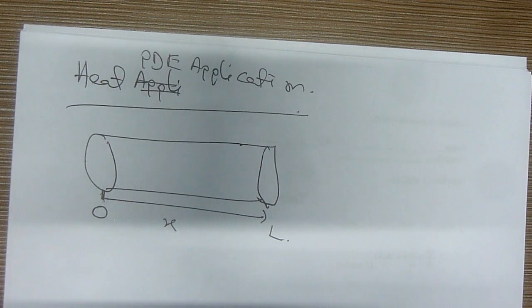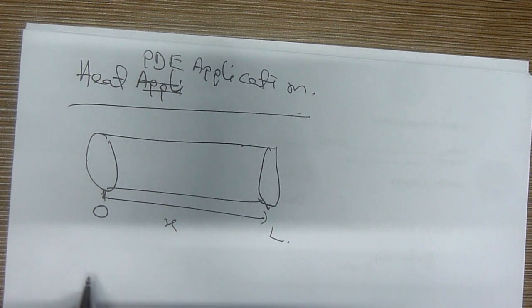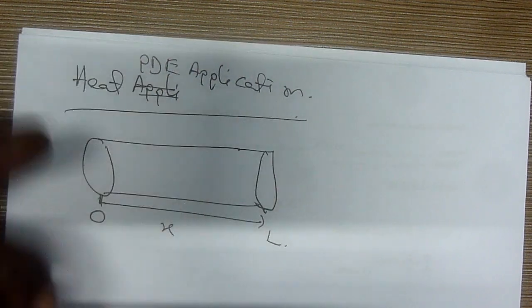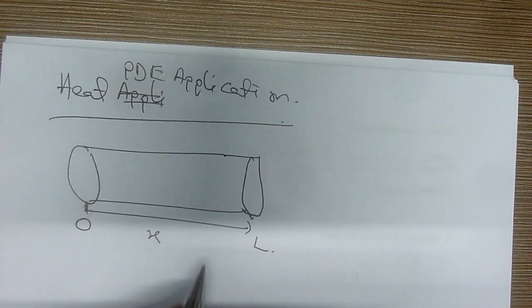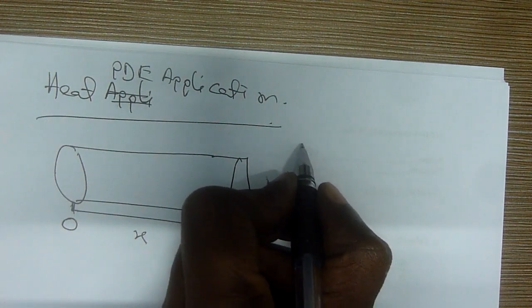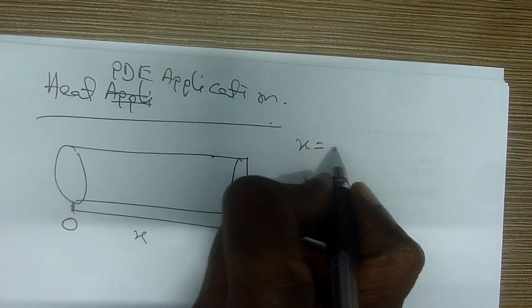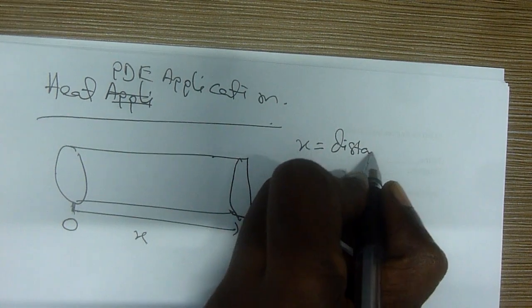There are two things to understand the process of the heat progression inside the rod. The first thing, just to define: x equals distance.